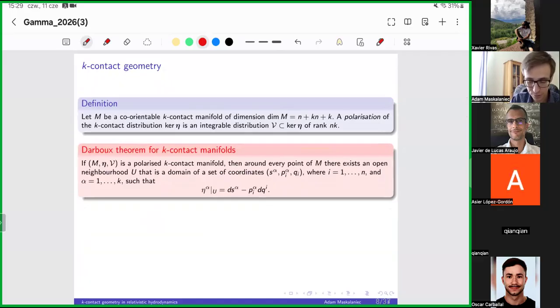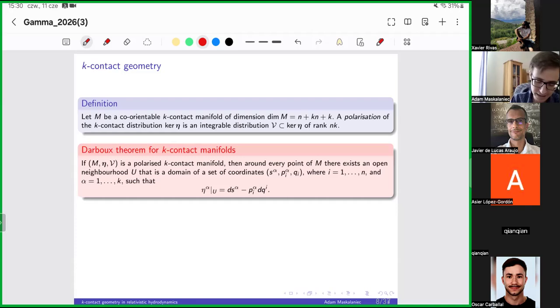While, for example, symplectic manifolds are always even dimensional and contact manifolds are always of dimension 2n plus 1, K-contact manifolds may have very different dimensions, and there is one condition, namely the existence of a polarization, that restricts our very big class of K-contact manifolds to a smaller set.